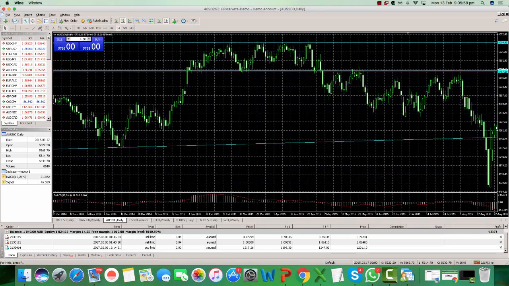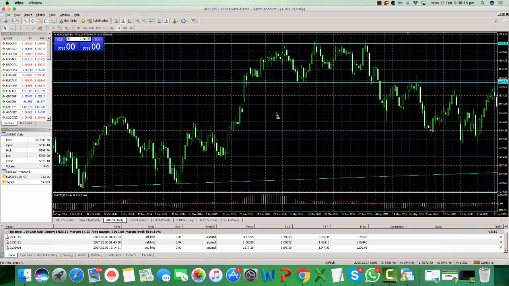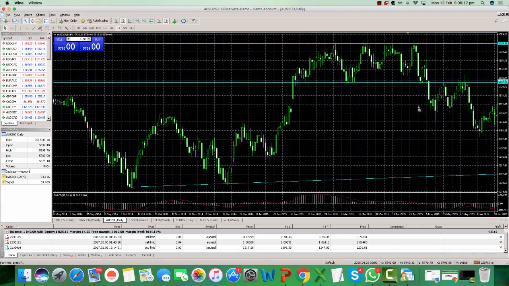There are a couple of times they try to break up, but it's not able to. Once it goes down, it straight away trends down. So this is a distribution channel. That's why usually a channel is hard to trade.